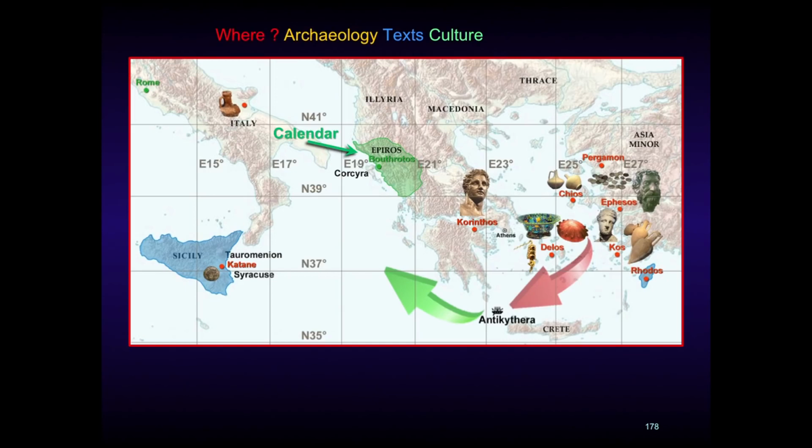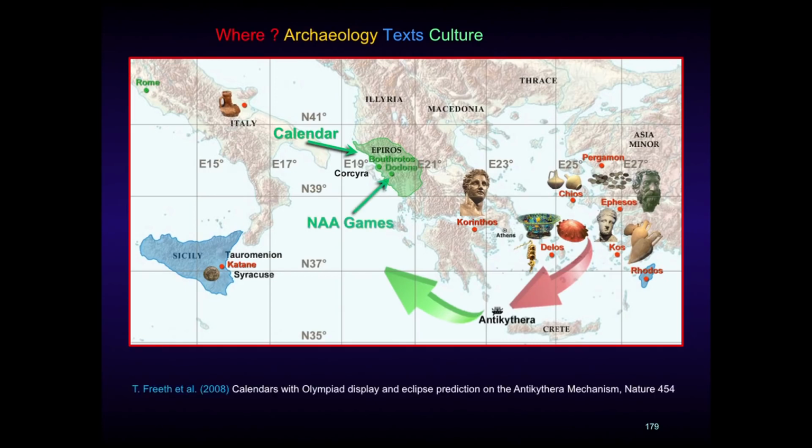No? Well, let me tell you, they were held at Dodona in the Epirus region of northwestern Greece. Dodona was a major oracular site, second only to Delphi, and the Naian games were held there. So we were building up a very nice, confident story about the origin of the Antikythera mechanism.